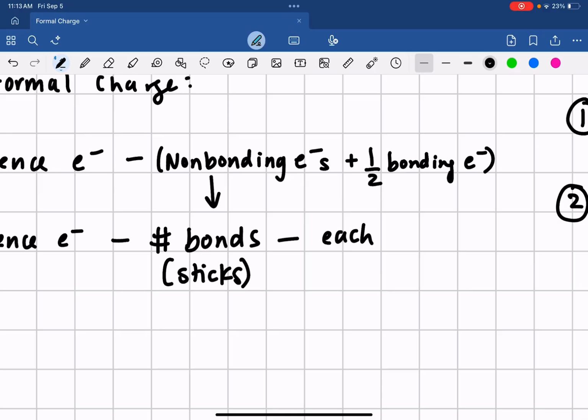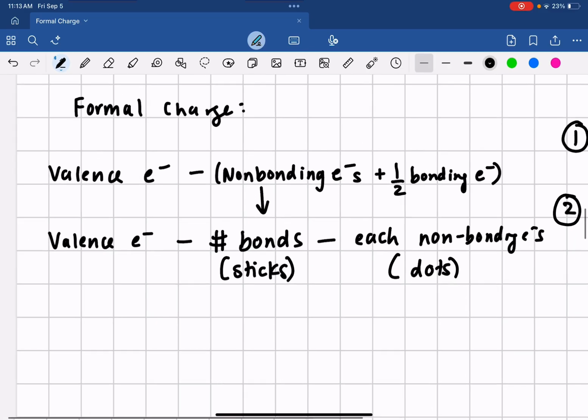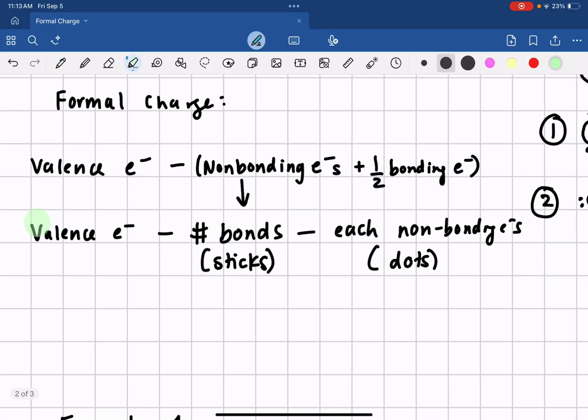Each dot is a non-bonding electron. Now with this great formula, I'm going to highlight it so you guys understand.